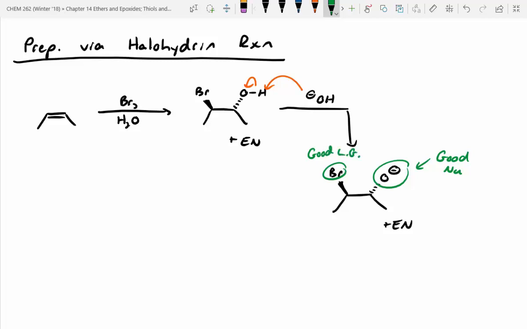So this can actually do what's called an intramolecular SN2 reaction, meaning it'll attack itself. So this oxygen will quickly clamp down, attack that carbon, kick off this leaving group through an intramolecular SN2 reaction.